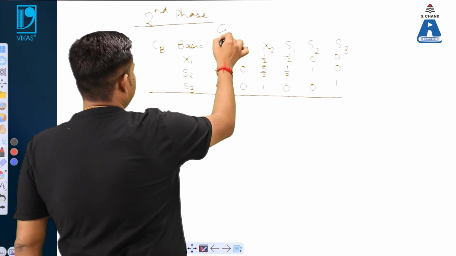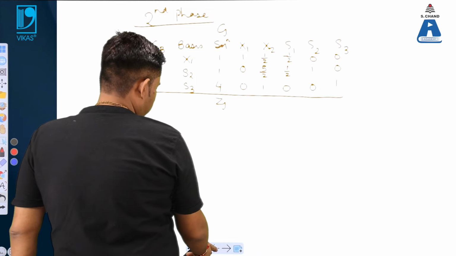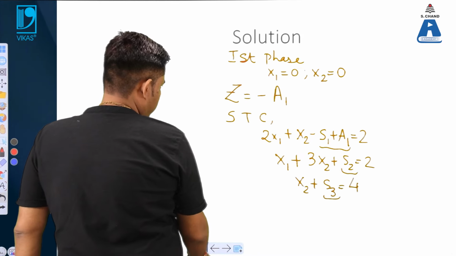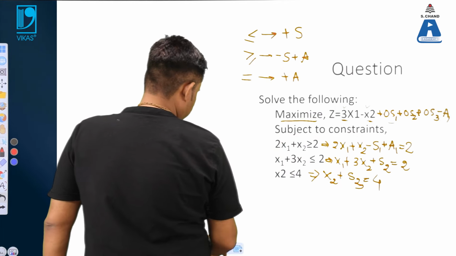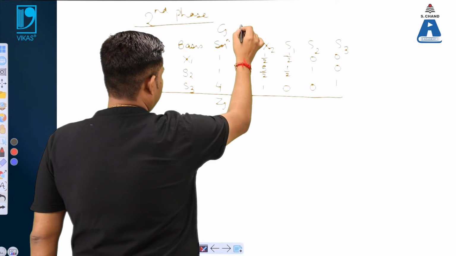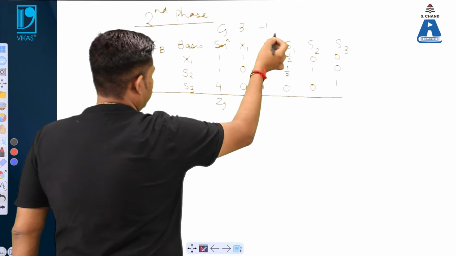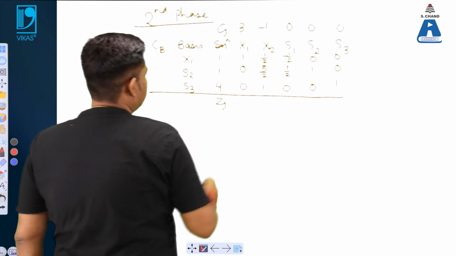So you have to write Cj here and you have to write Zj here. In place of Cj, you have to mention the coefficient which is 3 and minus 1, and rest of the elements will remain same, which is 0, 0, 0.